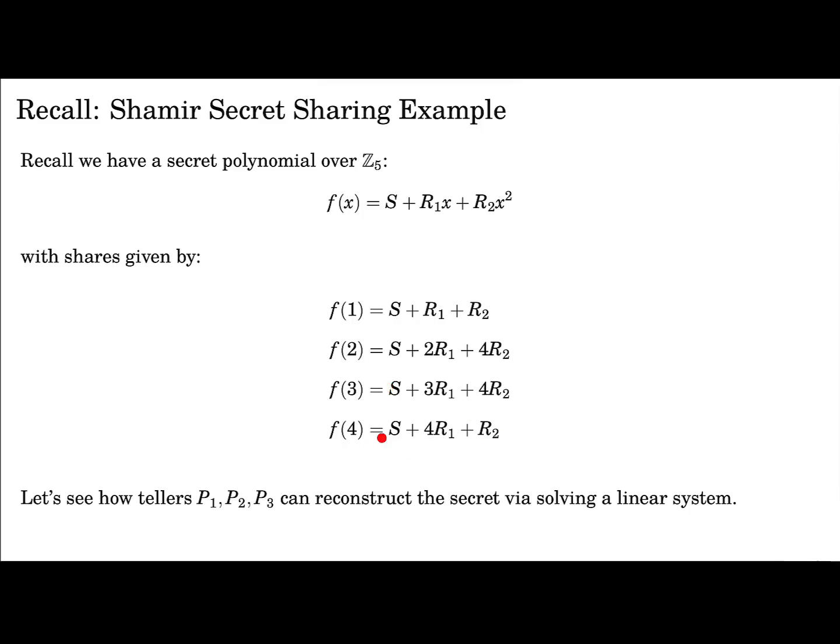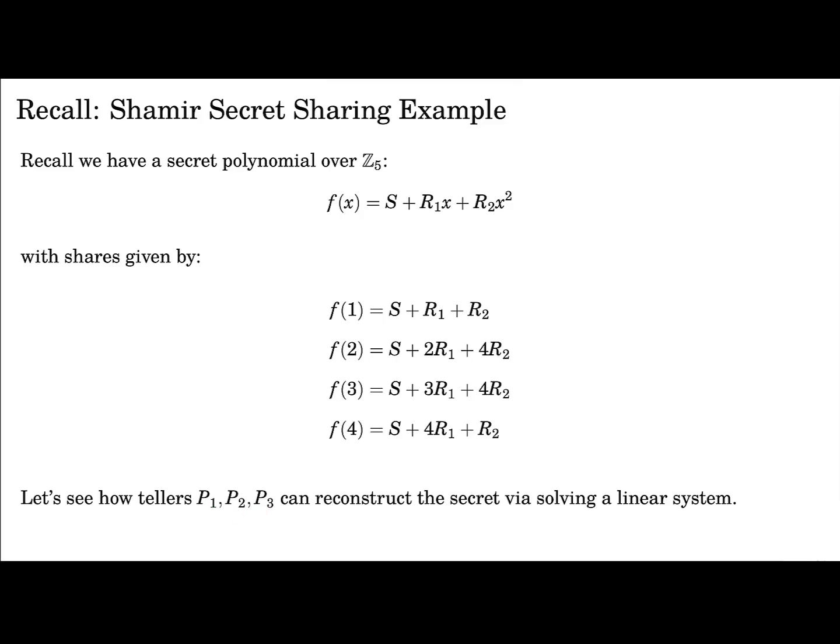And we're thinking about it in terms of them seeing equations and wanting to solve in order to reconstruct S. Before, we showed how to do that with polynomial interpolation, and we got the formula for participants 1, 2, and 3 to be able to reconstruct the secret.